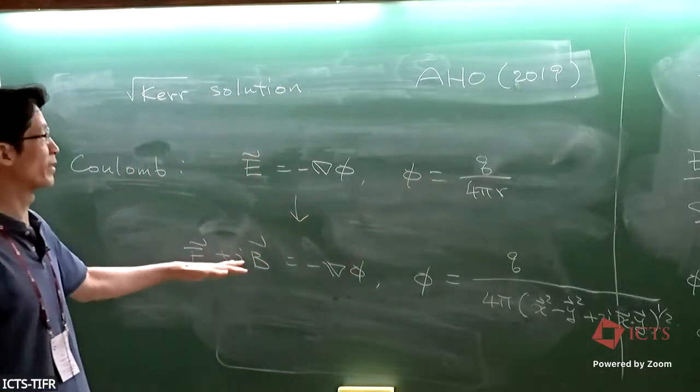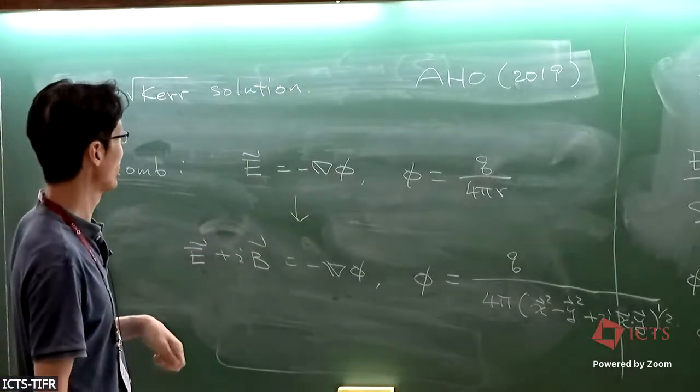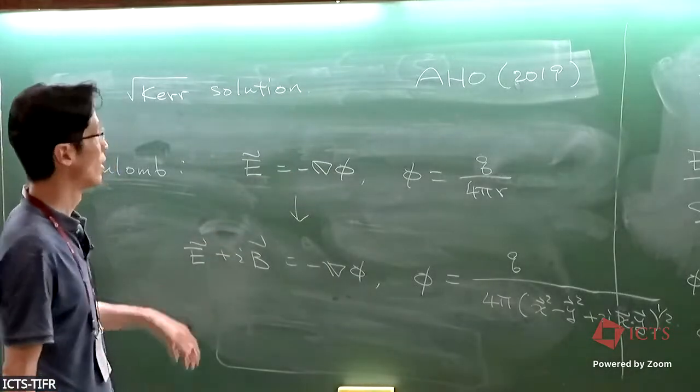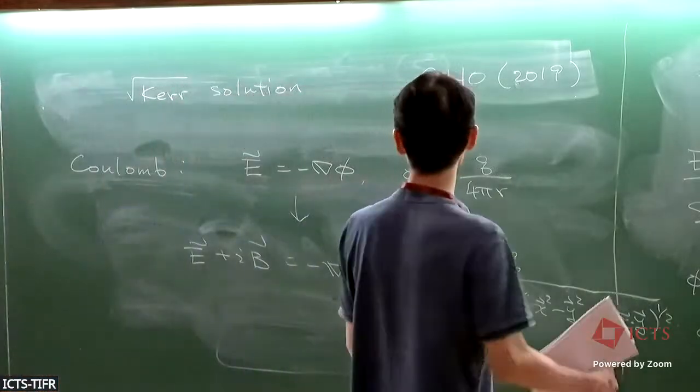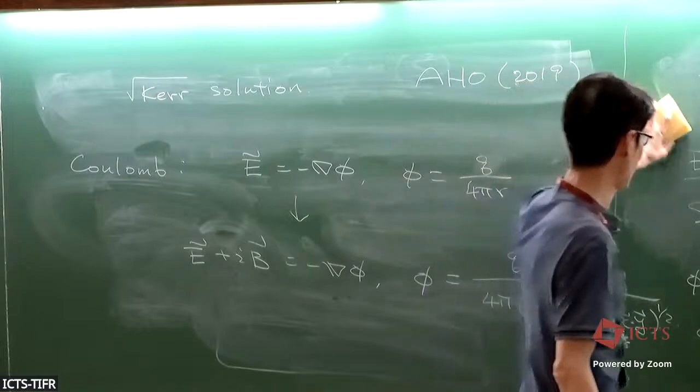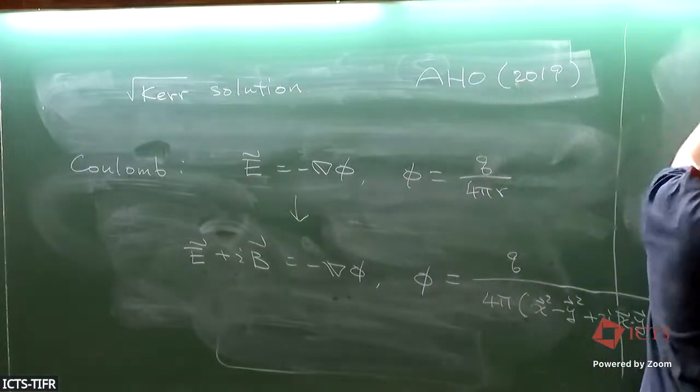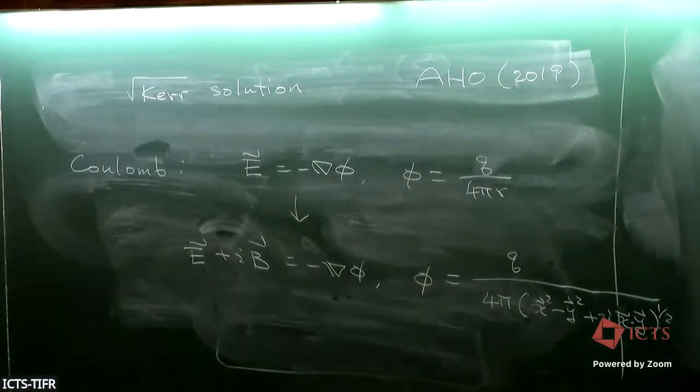And it shares the nice features with the Kerr black hole. And well, in many ways, square root Kerr is, of course, simpler than the full Kerr in general relativity.